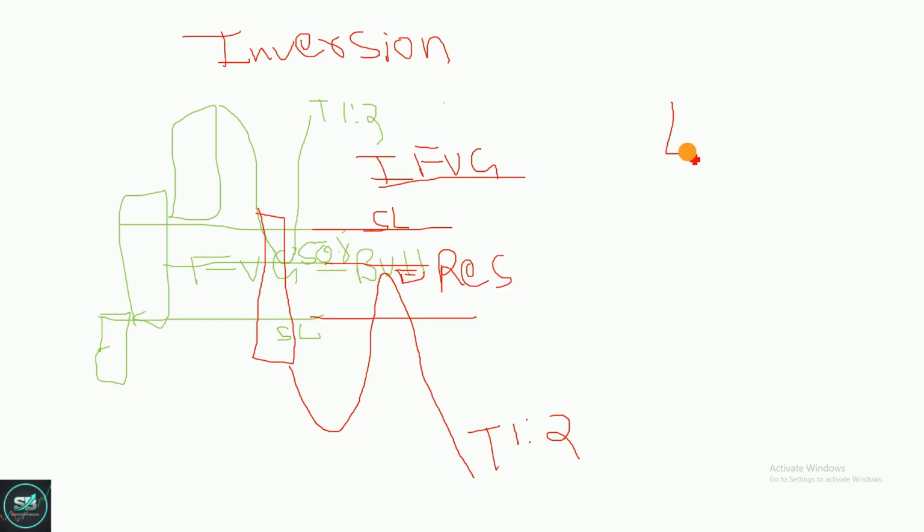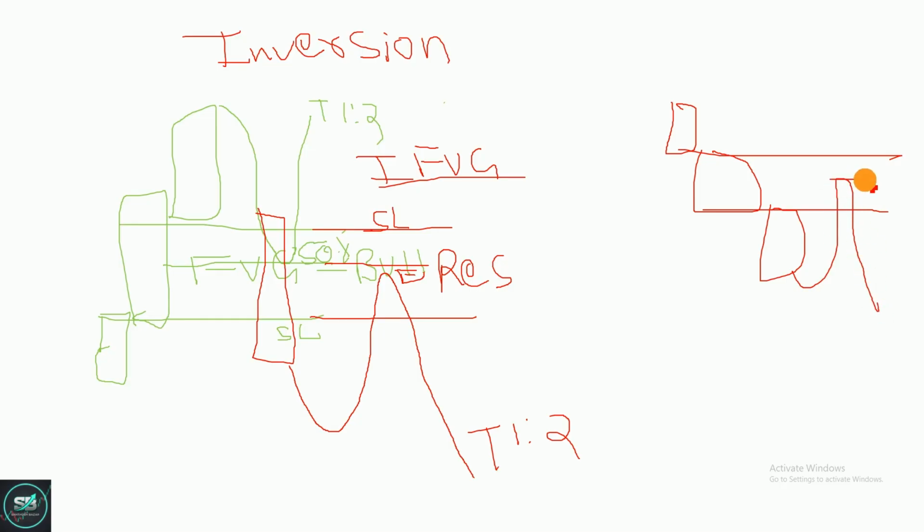In the same way, now the market has created a bearish FVG. So let's assume this is a bearish FVG. Generally, we will take entry when price comes here to the 50% of the zone. Here will be our entry, here will be our SL, and our target will be 1:2.